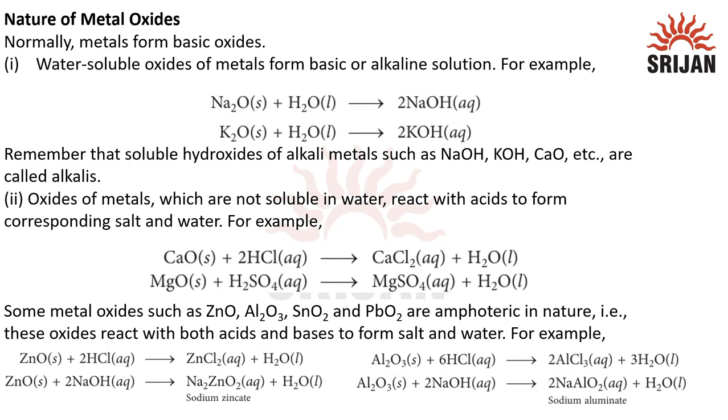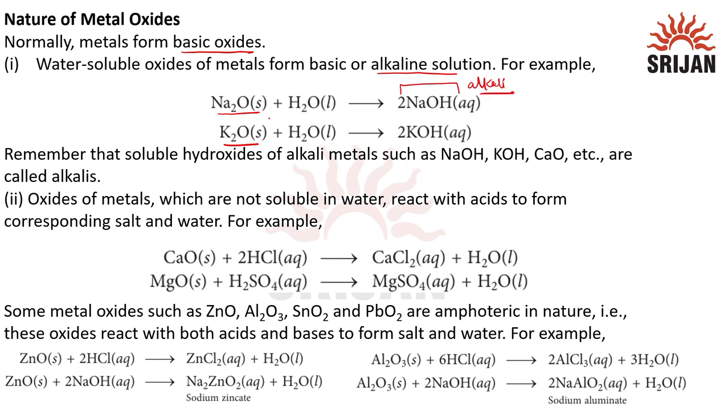Now, if we talk about the nature of the metal oxide, generally the metal oxides are basic in nature, right? For example, first, the water soluble oxides of metals. The oxides of sodium and potassium, that is Na2O and K2O, are water soluble and form an alkaline solution or a strong base or alkali, we can say, when reacted with water.